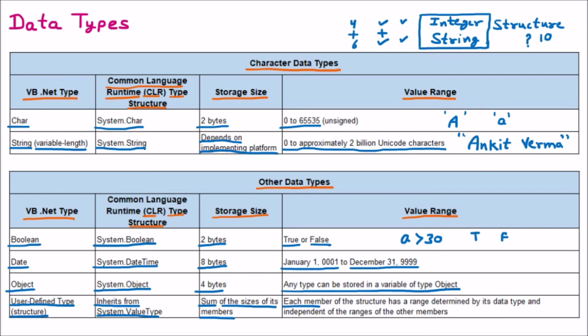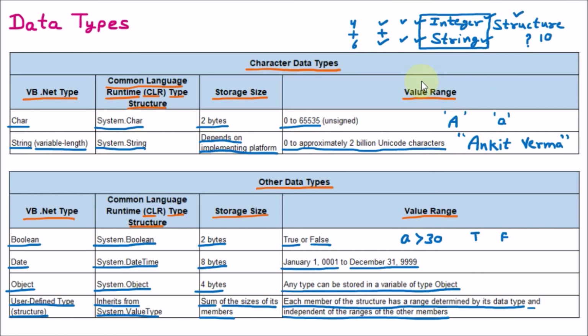Each member of the structure has a range determined by its data type, independent of the ranges of other members. Let's say the integer has its own range, and the string has its own range. The integer does not have to worry about the range of the string, because both are different and they are clubbed into the structure.